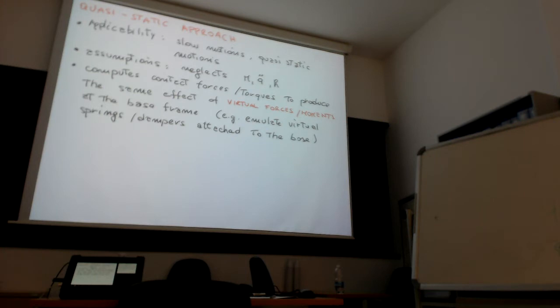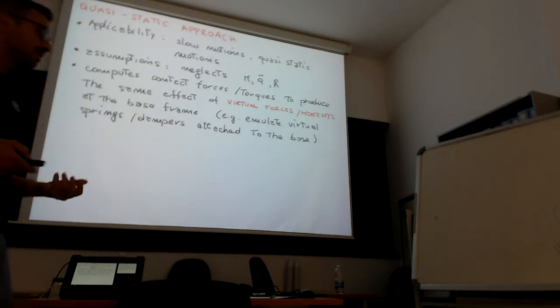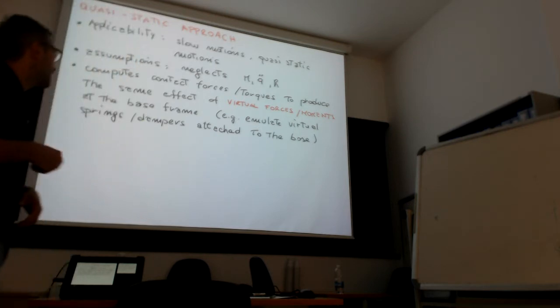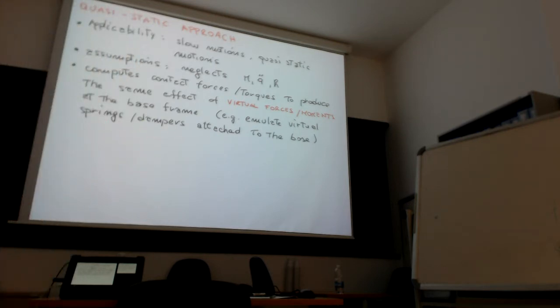And the idea is to compute the contact forces at the feet to produce the same effect as virtual forces and moments at the base frame. So we want to emulate virtual springs and dampers attached to the base frame. And we do that by applying a specific set of contact forces.